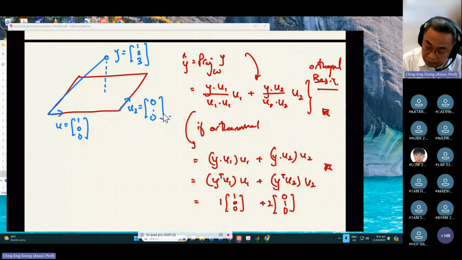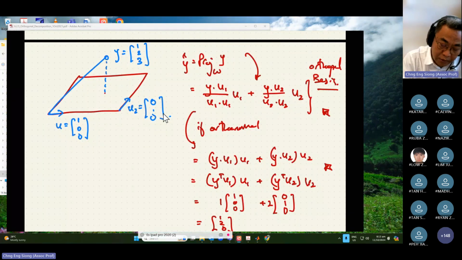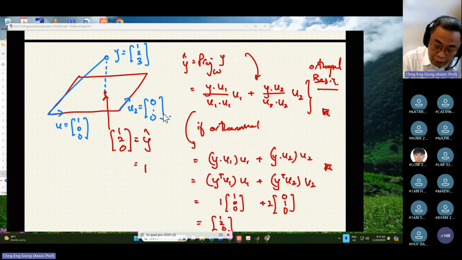So the answer is 1, 2, 0. Again, the answer is correct. It is on the floor, and the coordinate is sitting exactly at 1, 2, 0. This is y hat, the projection of y onto the space W.